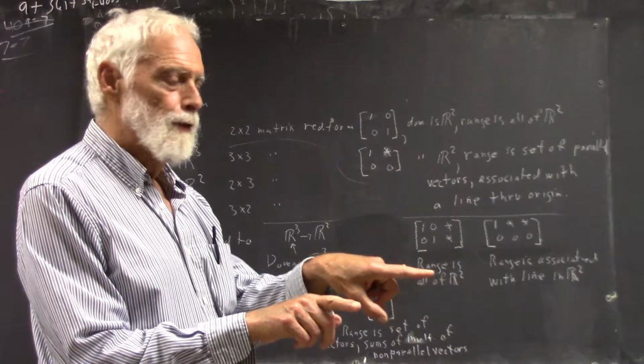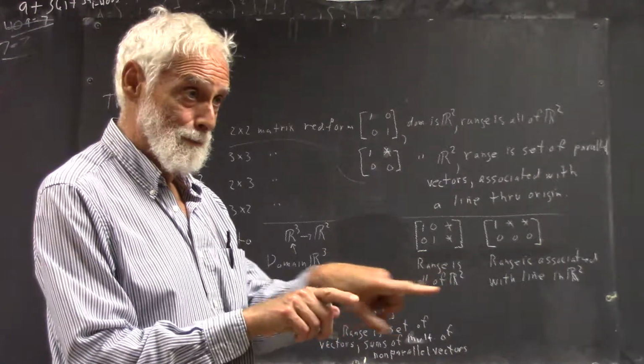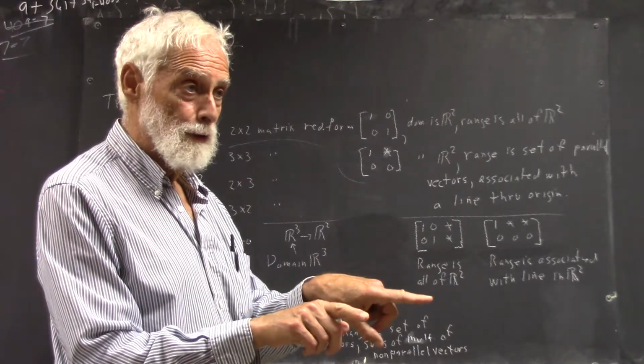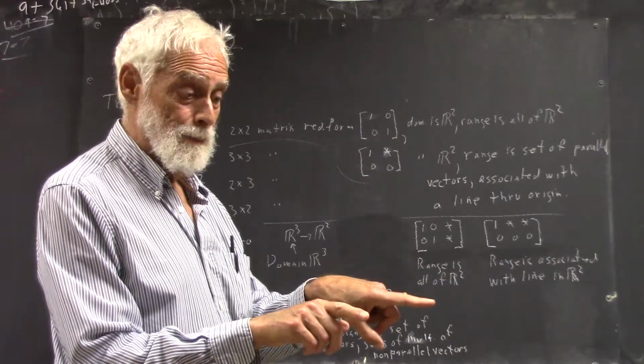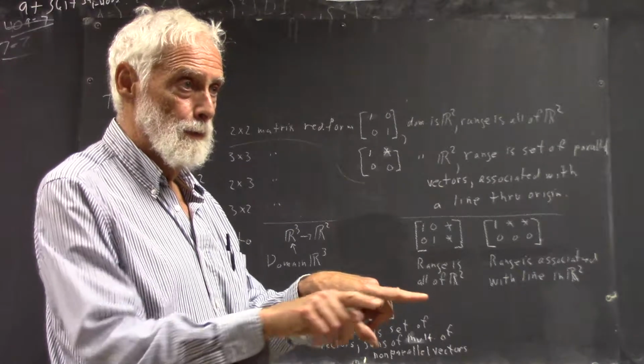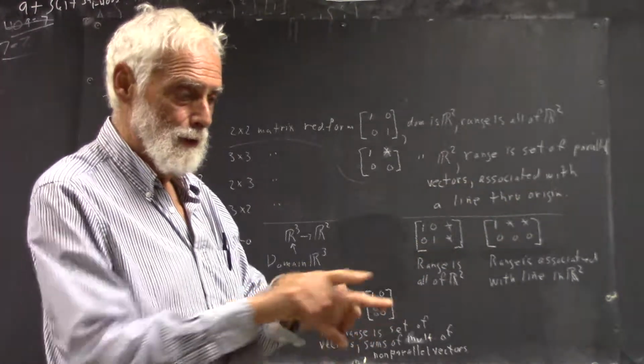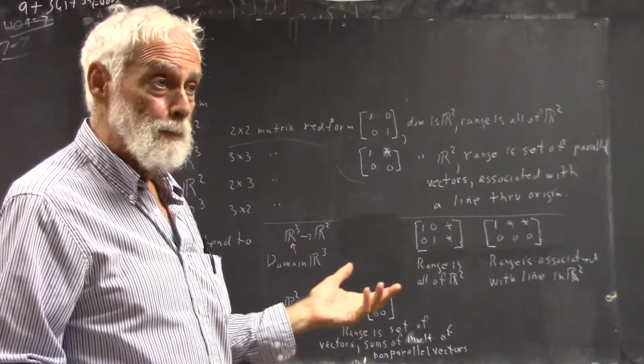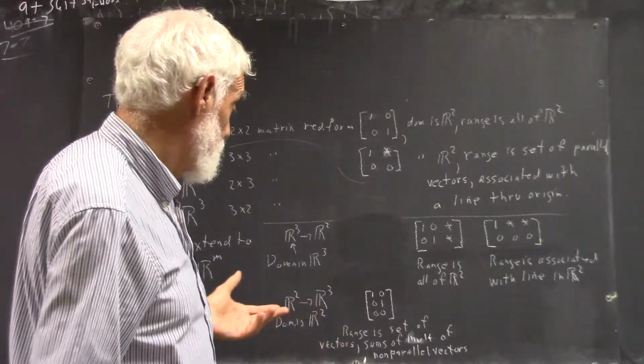And the only thing that matters about these two vectors is their directions. Okay, they can be longer, they can be shorter. They just don't have the same direction. Okay? And then all the sums of multiples of these vectors. Okay, so you go along this direction, then you go along this direction, and you get a vector. And that's a plane. Okay?